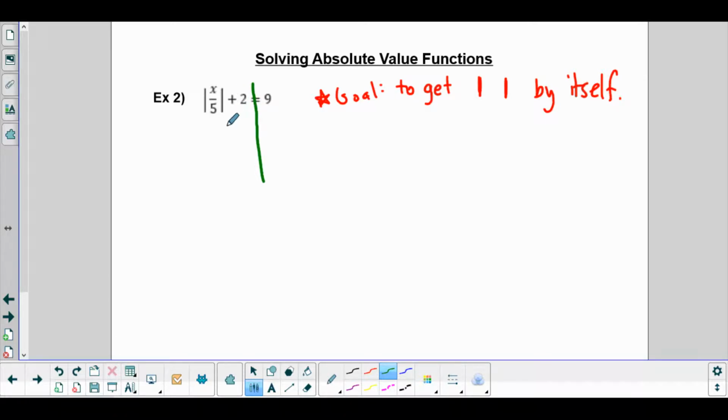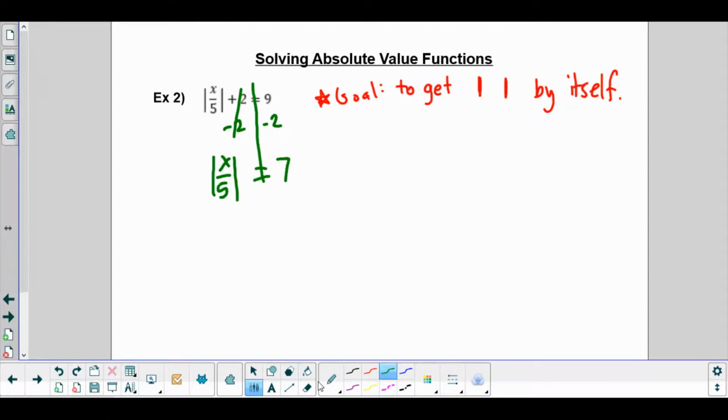Good. Subtraction. So we're going to subtract 2 from both sides. These 2's go away. Now our absolute value is by itself. We have absolute value of x divided by 5 equals 9 minus 2 is 7.